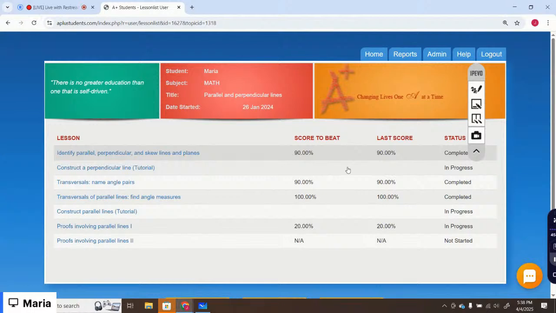The lessons we have covered today are identify parallel, perpendicular, and skew lines and planes, transversals, name angle pairs, and transversals of parallel lines, find angle measures. So please make sure before the next session you complete all the practice questions that we just did. That will be homework until the next session.